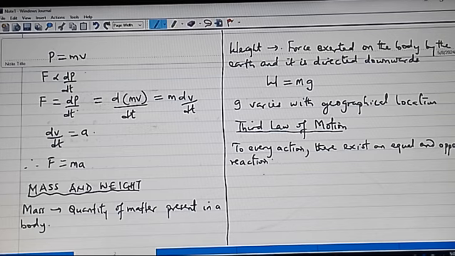So if we have two objects, let's say x and y, and they are in contact, then let's assume the force x exerts on y is F1 and the force y exerts on x is F2. Then we can now say that F1 will be equal to minus F2. They are equal forces, but they act in opposite direction. So we are going to apply this law to solve one or two problems.